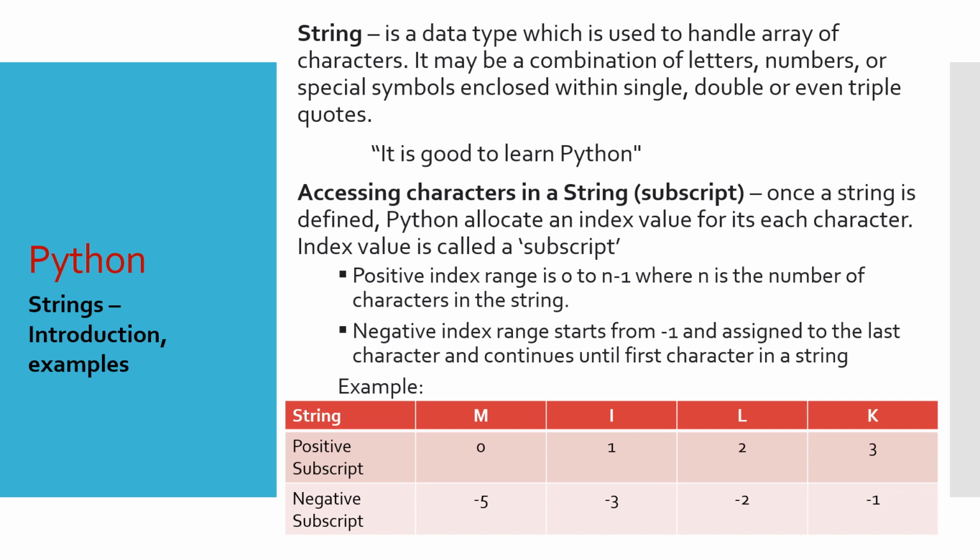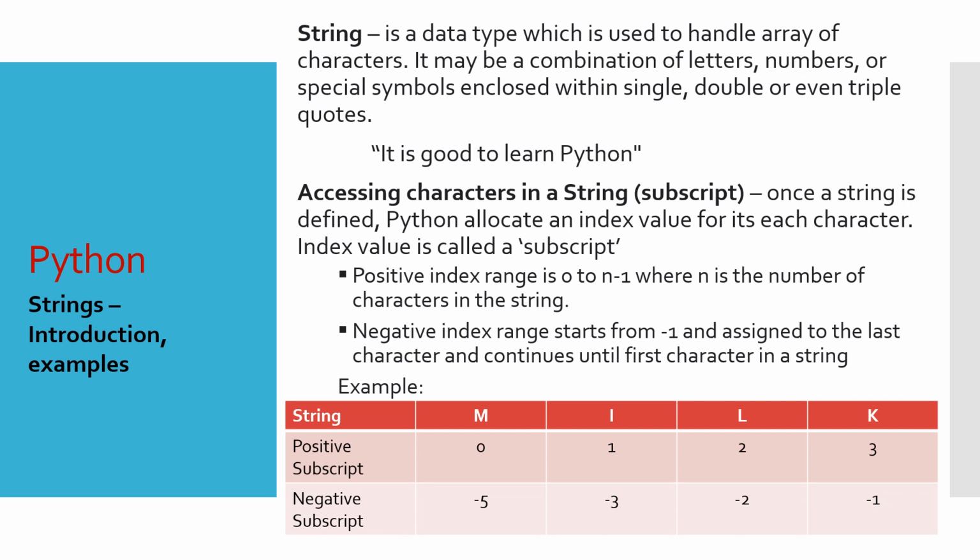The positive index range goes from 0 to n minus 1, where n is the total number of characters in a particular statement. For example, in "it is good to learn Python", you may have 10 plus characters or 15, I'm just guessing. Then it's 15 minus 1, so 0 to 14 is the position each letter can take, and using the position you can get the particular letter from that string.